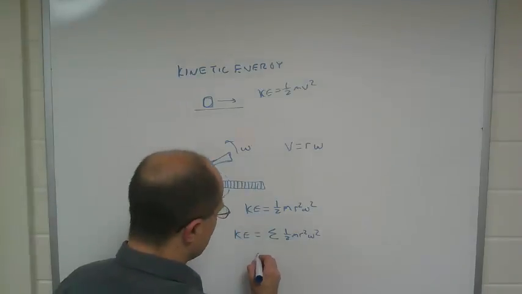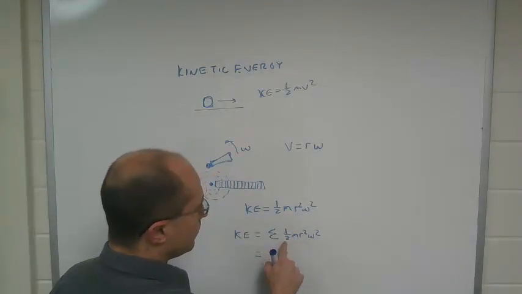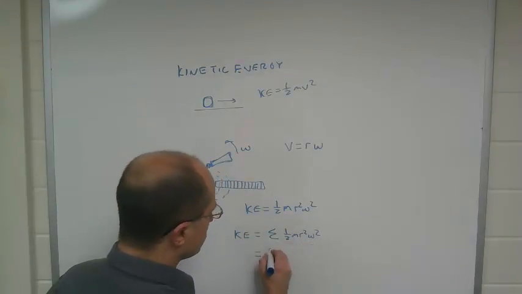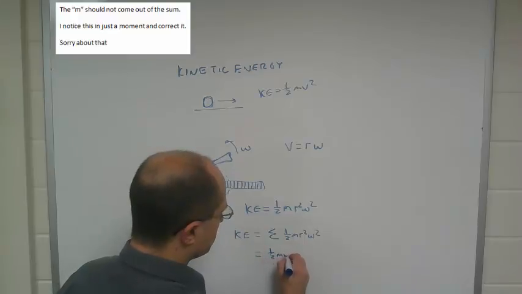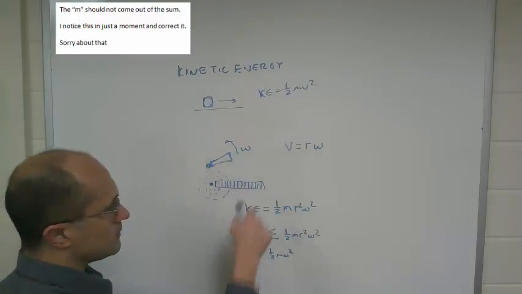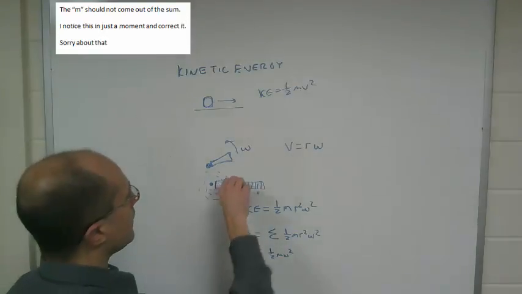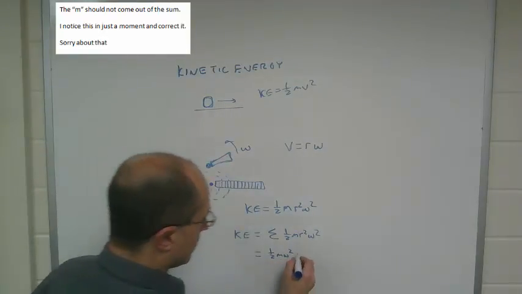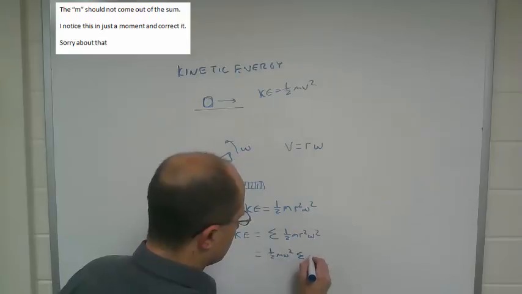But then you can pull the 1/2 and omega squared out, because those are the same for every single little chunk, because the whole object rotates at the same omega. Then all you have left is the sum of the m r squareds.